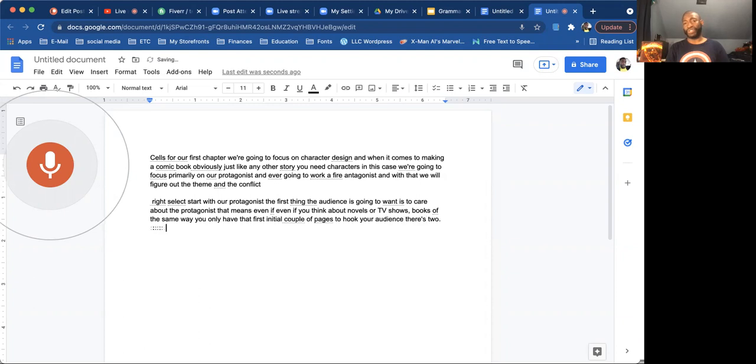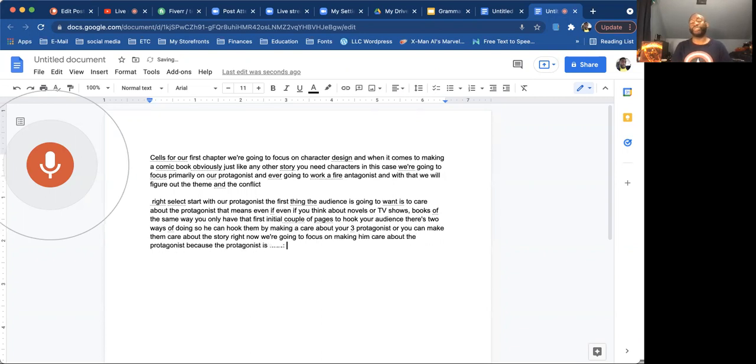There's 2 ways of doing so. You can hook them by making them care about the protagonist, or you can make them care about the story. Right now, we're going to focus on making them care about the protagonist because the protagonist is going to drive your story most of the time, especially if you have a superhero kind of comic book.